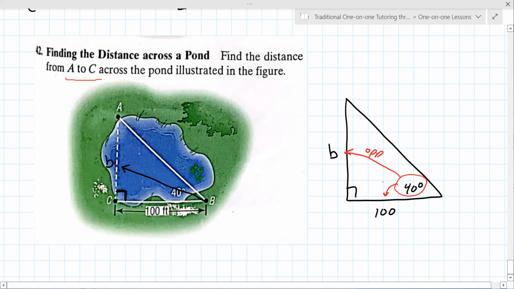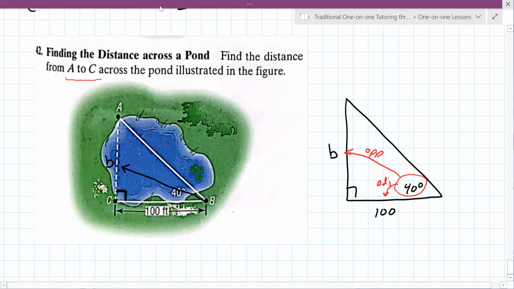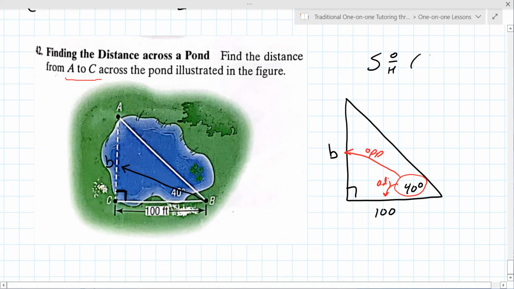Adjacent. It's okay to label them. You will not do it forever. You'll eventually say, oh, I got it. Which of the three trig functions uses the opposite and the adjacent? Tangent. So the tangent of 40 degrees equals b over 100.